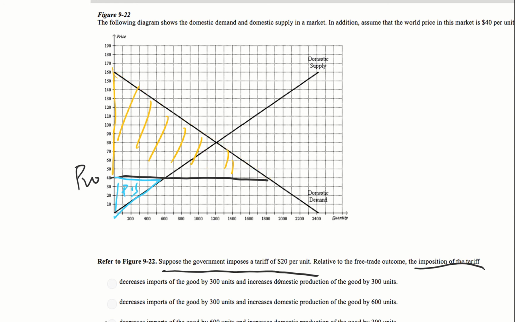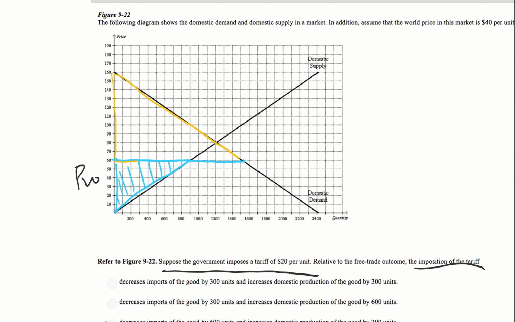But with a tariff, the tariff will increase the price. So the price goes up to 60, that's the new price now. Producers will be better off because they have a bigger surplus when the price goes up. But consumers are much worse off because they end up paying higher prices.